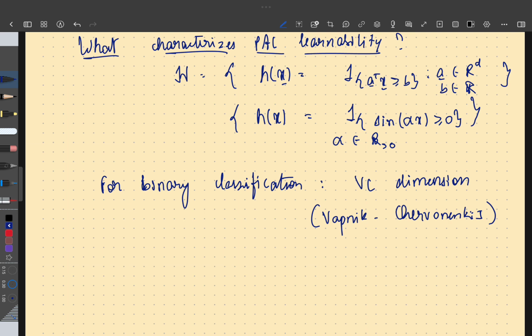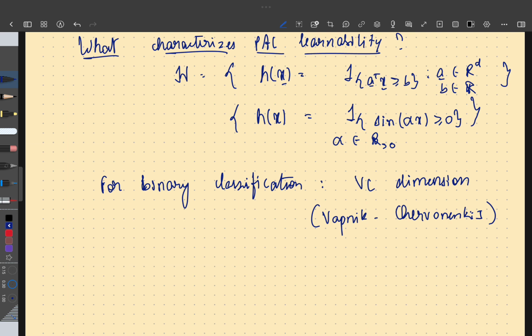It turns out that for binary classification problems, the hypothesis class is PAC learnable if and only if the VC dimension is finite. So you could have a hypothesis class with any number of parameters, or it could be an infinite hypothesis class, but as long as the VC dimension is finite, it is PAC learnable.